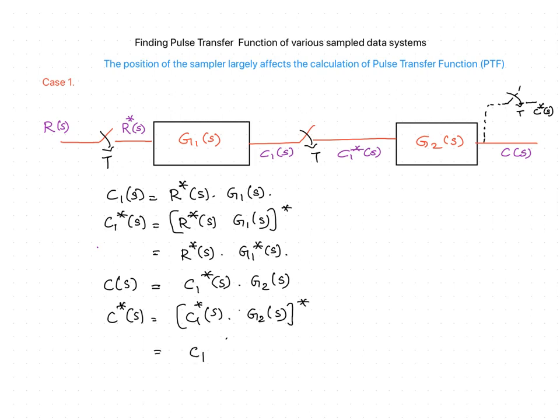This can be written as C1 star of S into G2 star of S.